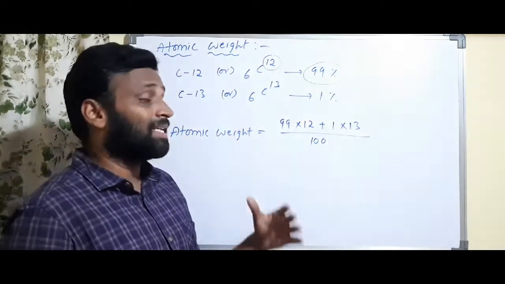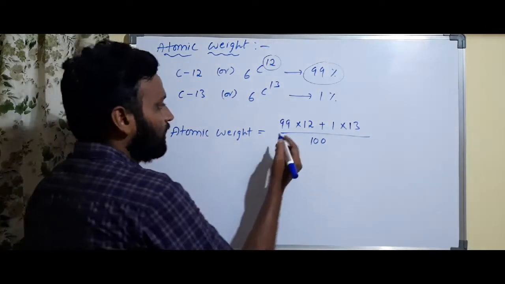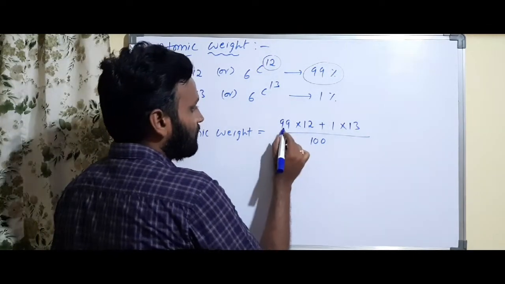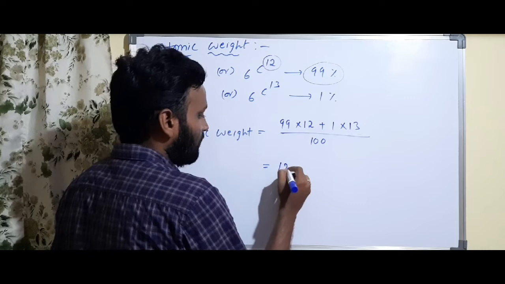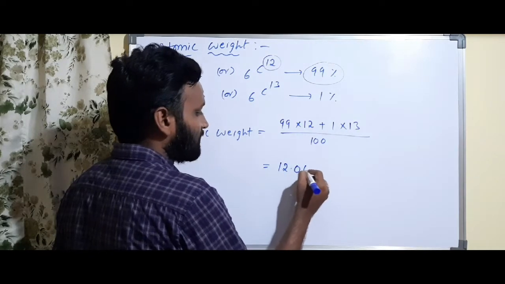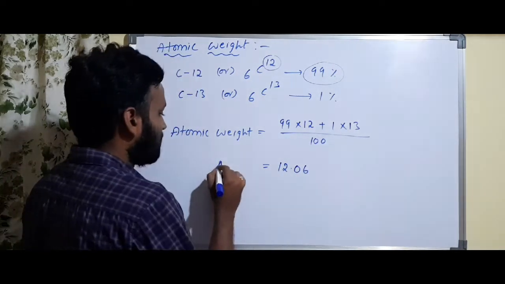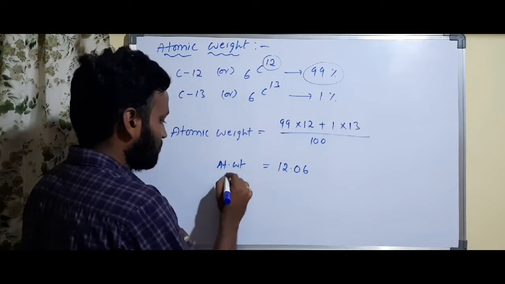Getting what I am saying? I am explaining with an example first so that you can understand very clearly. If you simplify, you get 12.06 something. This is the atomic weight of carbon.